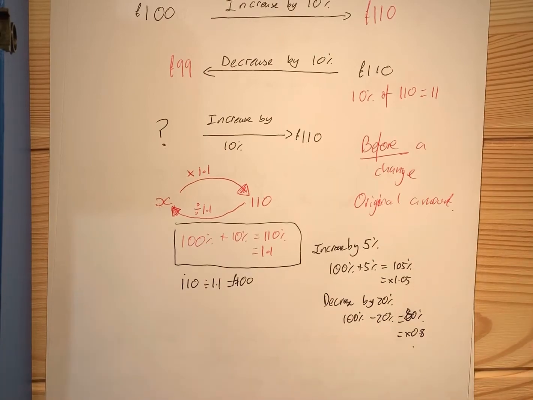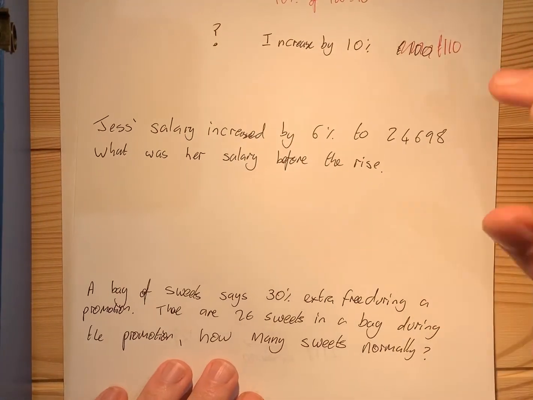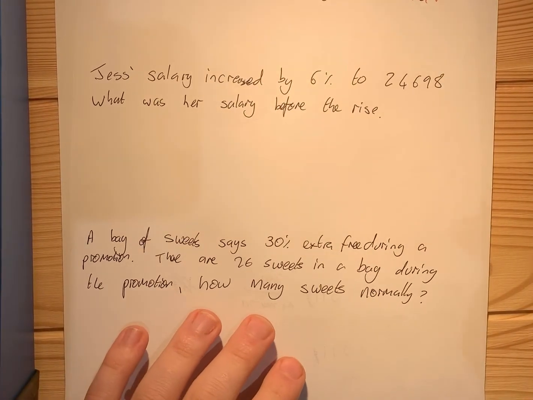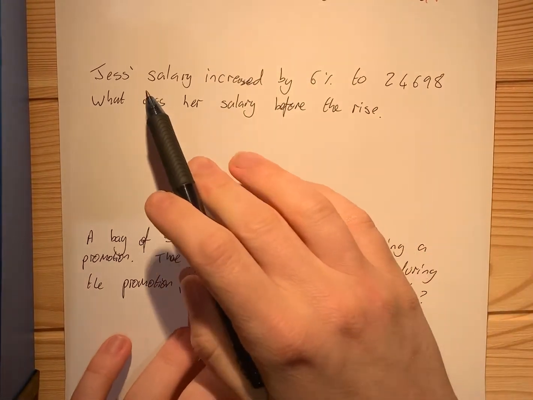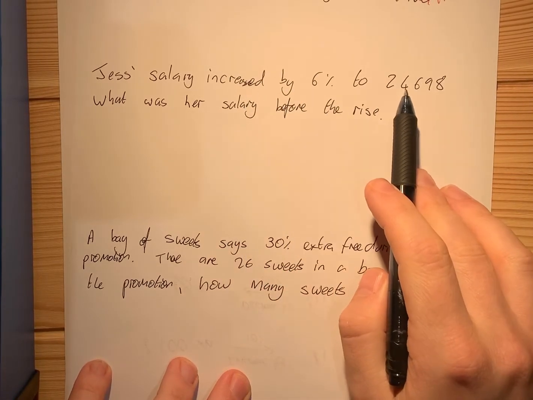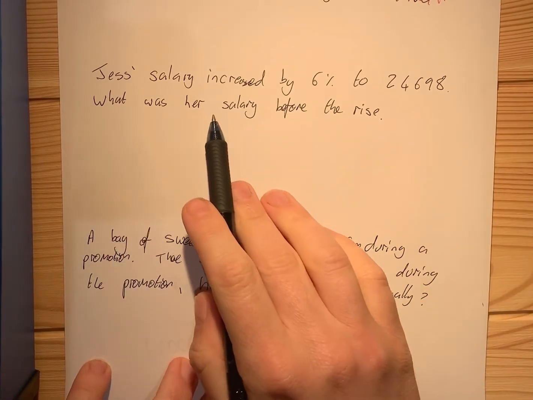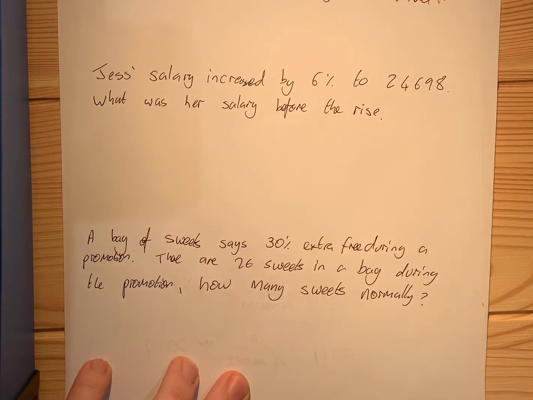Now let's apply that to some of the questions you guys tackled. So let's look at this first one here. Jess's salary increased by 6% to 24,698. What was her salary before the rise?